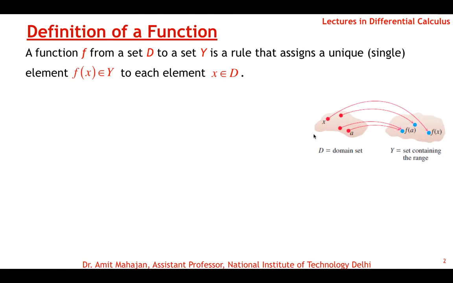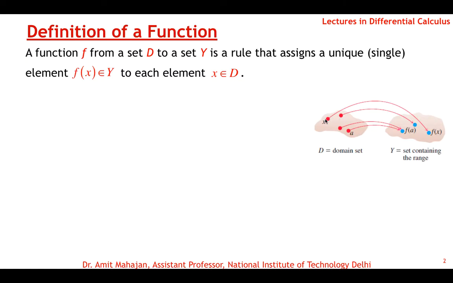Okay, so it's like a set from where you will take your input elements. Okay, and then we define another set Y, which we call the codomain, and whatever elements we take from the domain, then using that function, the function assigns a unique single element in the codomain.